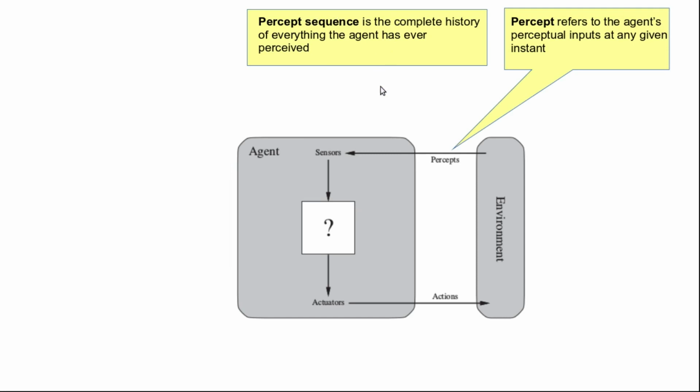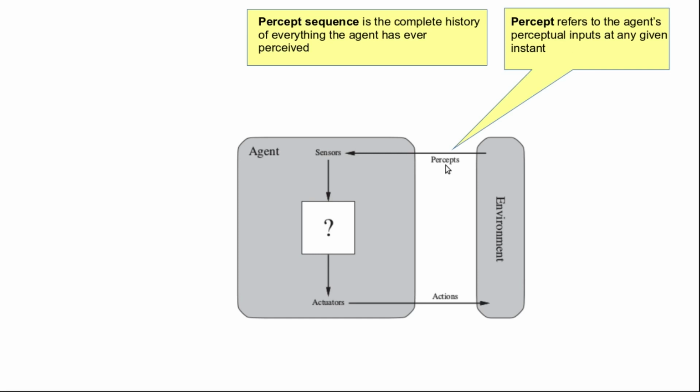To make it more clear, let us consider a driverless car. In a driverless car, the agent through its camera may see that there is a right turn 30 feet ahead. That would be the percept at that instant.